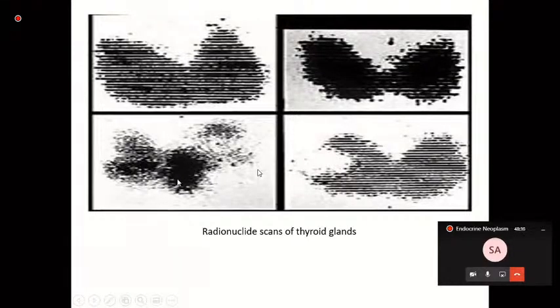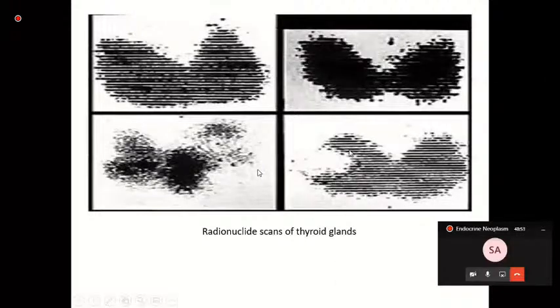You can see some areas are hot and some areas are normal. Here you can see the normal area, but in this area is a cold nodule, not taking up the iodine. So this is a cold nodule, no secretion of thyroid hormone.